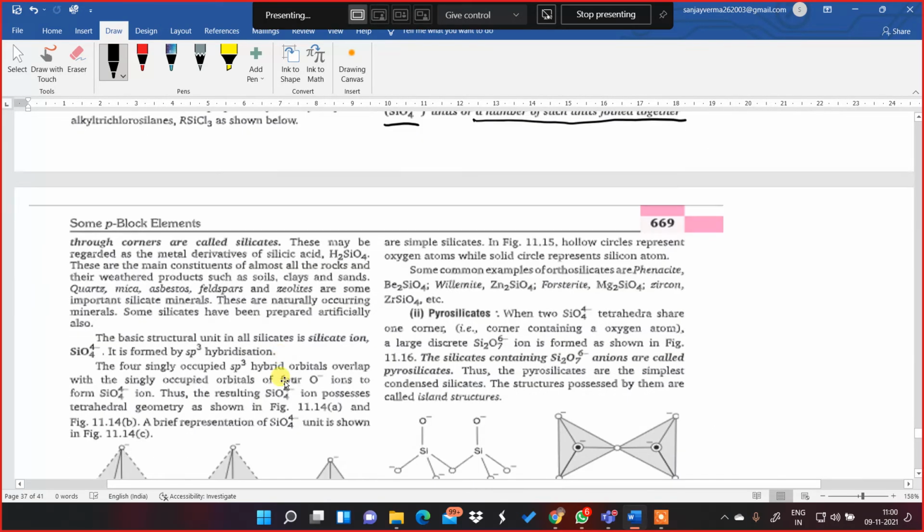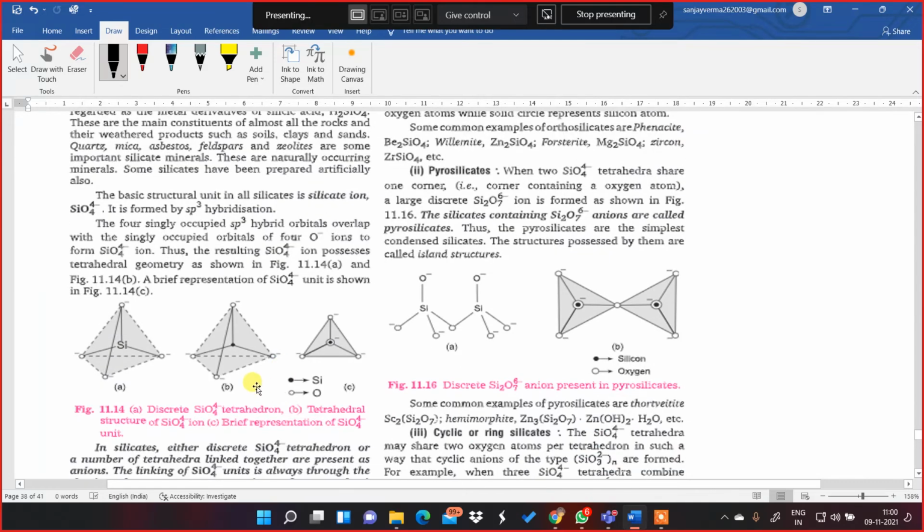Their structure is required. So here have a look at this one. Discrete SiO4 4 minus tetrahedron is there. These are the structures; this is a tetrahedral structure of the silicate molecule. Representation is given over there.